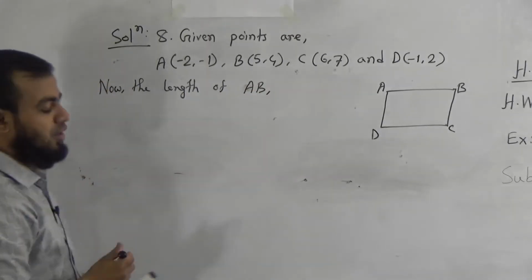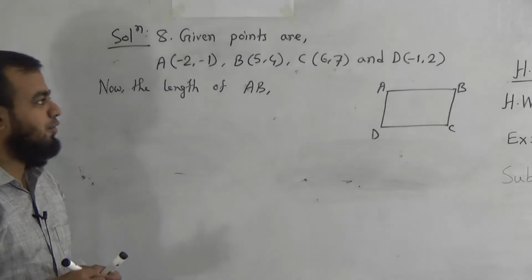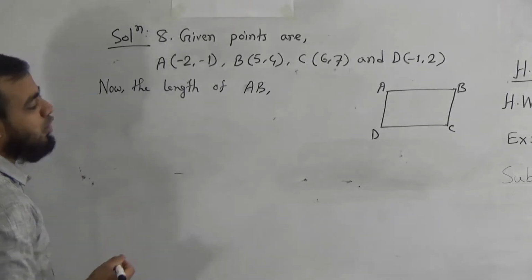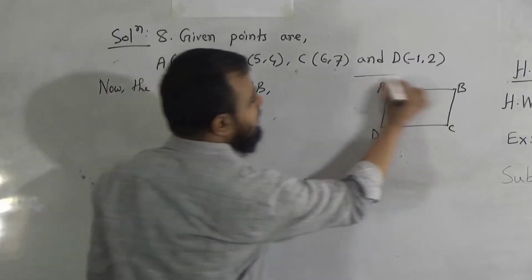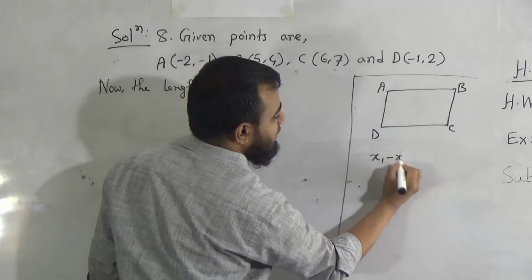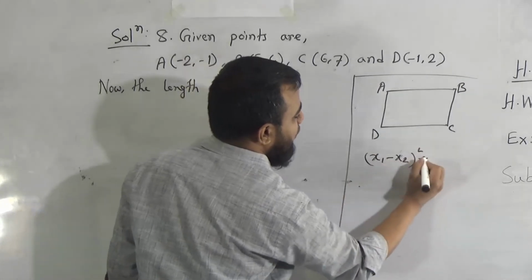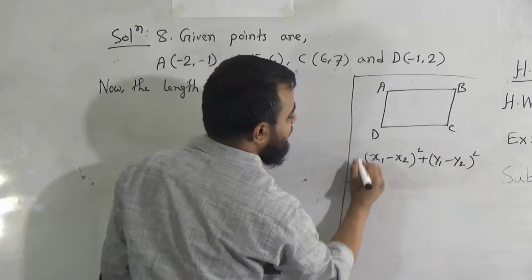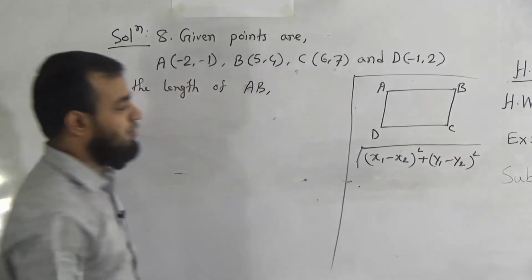Length of AB equal to, we have already learned the formula of the distance between 2 points. The formula is, I am writing down here in a rough portion, the square root of (x1 minus x2) whole square plus (y1 minus y2) whole square. This is the formula of the distance.